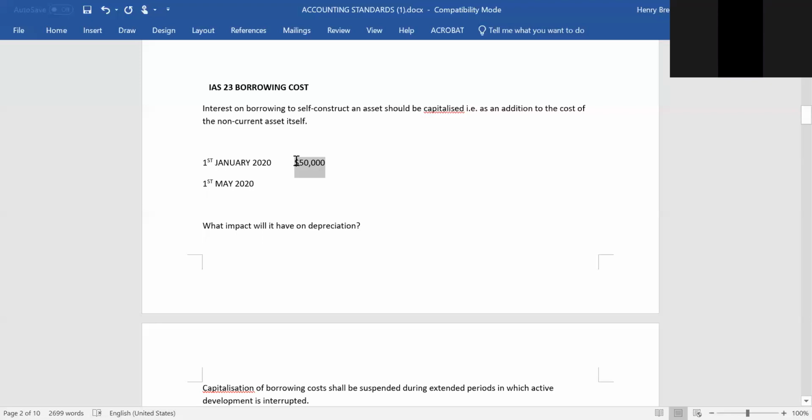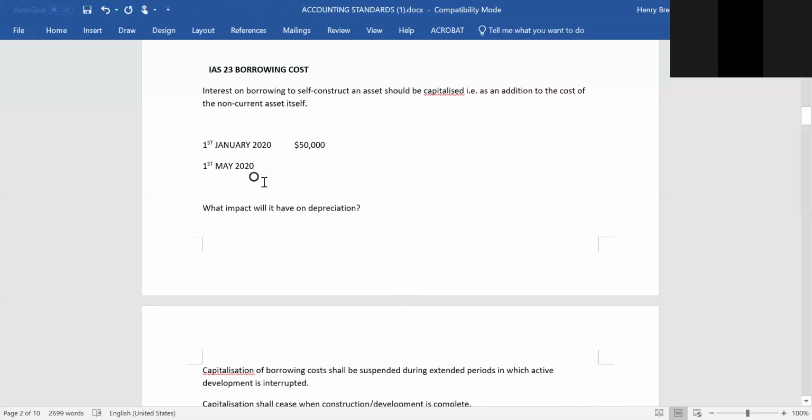I was able to secure the loan from 1st January 2020, but I didn't use the loan to self-construct the assets from 1st January. So from January up to April ending, I cannot capitalize that interest. Though you pay that interest, which is supposed to be seen in your P&L account, the capitalization of the interest should start from 1st May 2020 up to the reporting period.